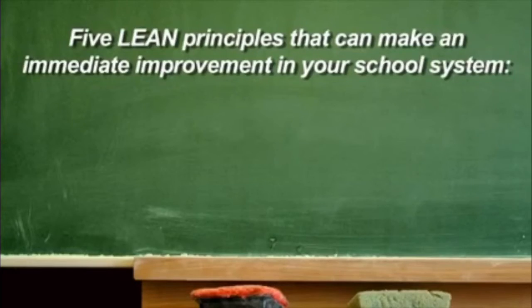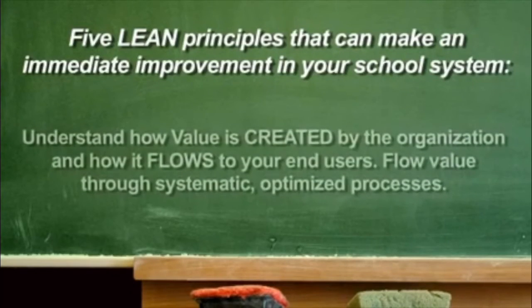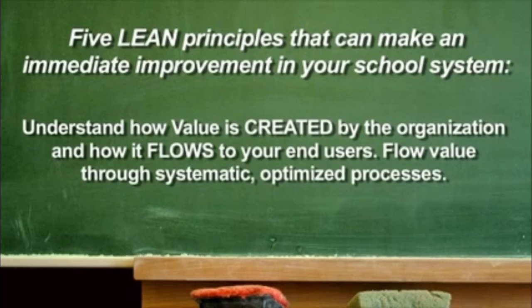The fourth principle is that we have to understand how value is created throughout the whole organization. When we understand how value is created and how that value actually flows, we can then take that value and systematically optimize it through process.